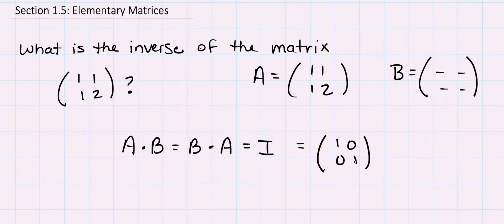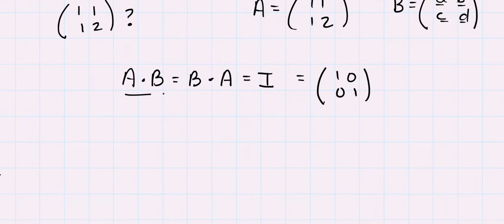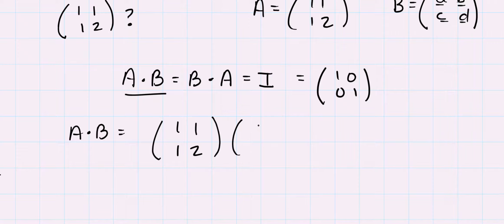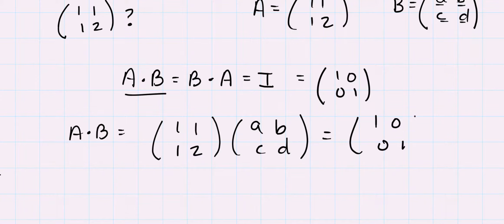For this first method in figuring out the inverse, I'm just going to put letters in for these entries here because I don't know what they are. I'm going to put a, b, c, d. And let's focus on A times B. So A times B is going to be equal to 1, 1, 1, 2 times a, b, c, d. And we want that to equal this 1, 0, 0, 1.